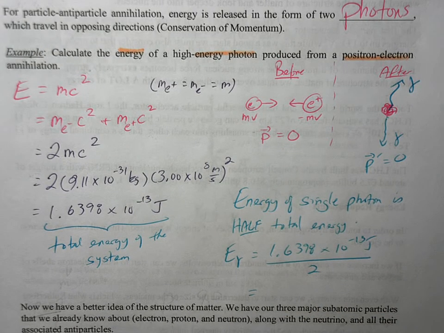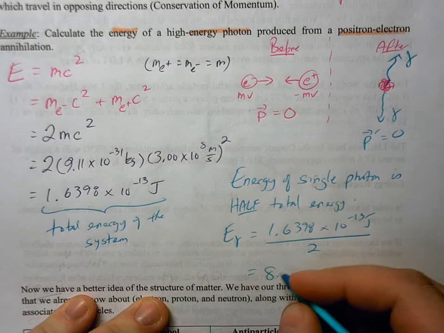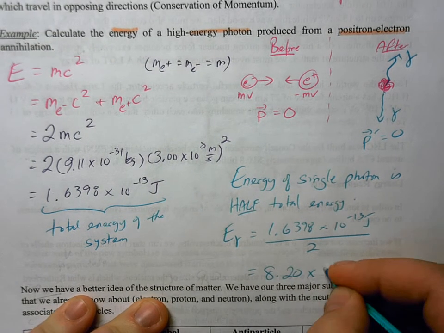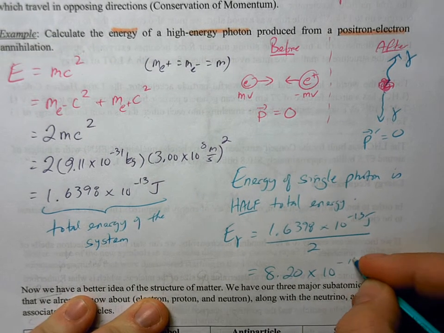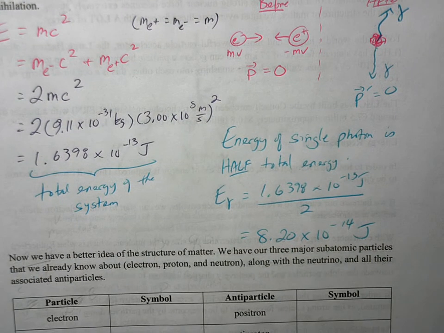There's not really a lot of direction in terms of significant digits here, just because I didn't put them. We'll put 3 just to be safe. So we're going to say that each one of these particles takes about 8.20 times 10 to the minus 14 joules worth of energy.